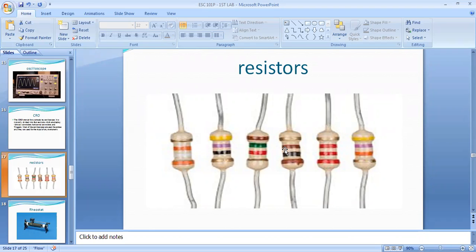What is the basic definition of a resistor? A resistor is nothing but something we put in a circuit to resist the flow of current. We use the resistor because we want to oppose and reduce the flow of the current. That is the purpose of a resistor.